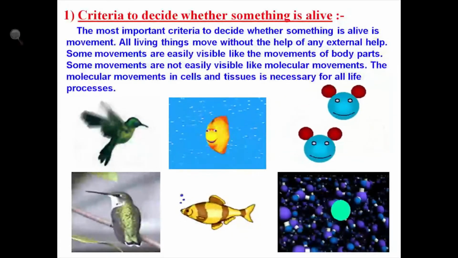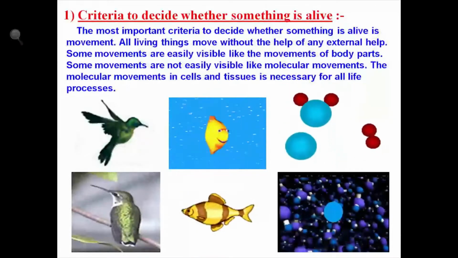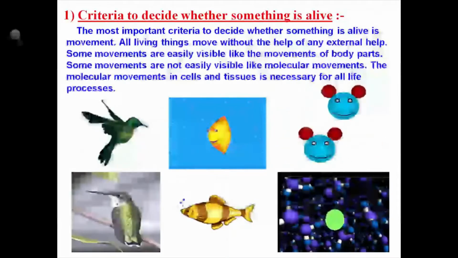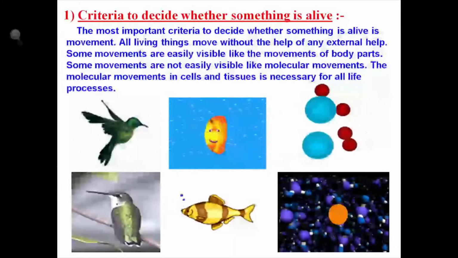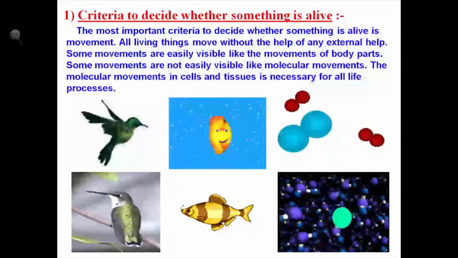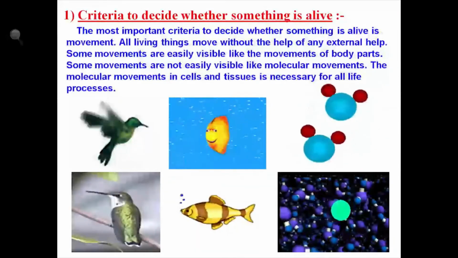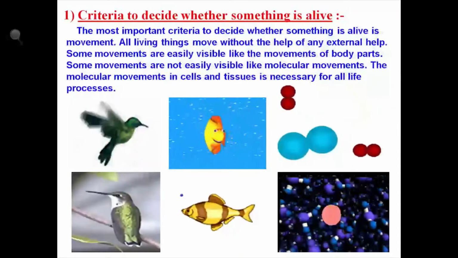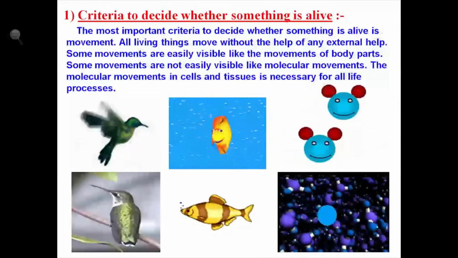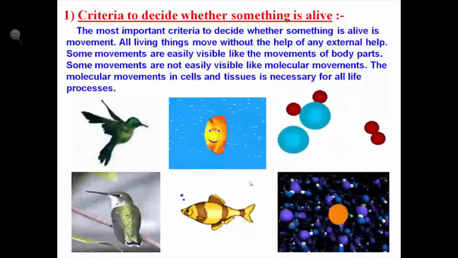We can see that things are alive just by seeing visible movements, like body parts, as we move our hand to shake hands or wave to tell someone that we are here. These are visible movements, but some movements are not visible, for example molecular movements, as we can see here in the diagram.